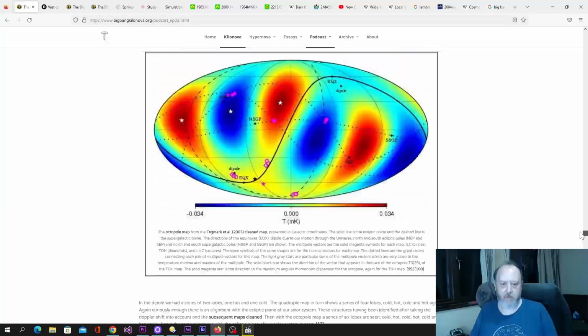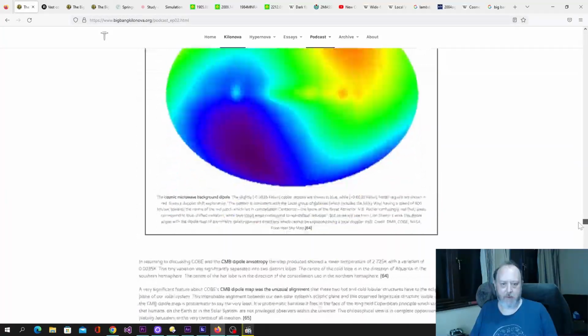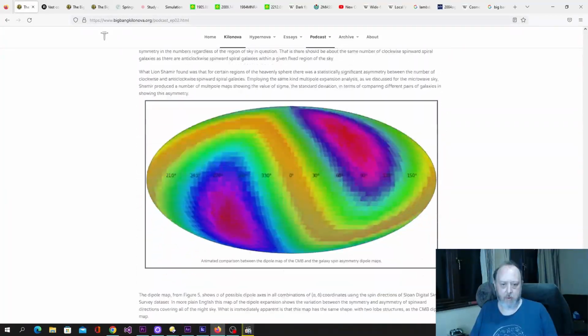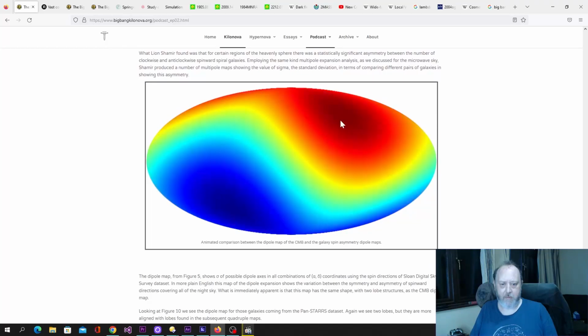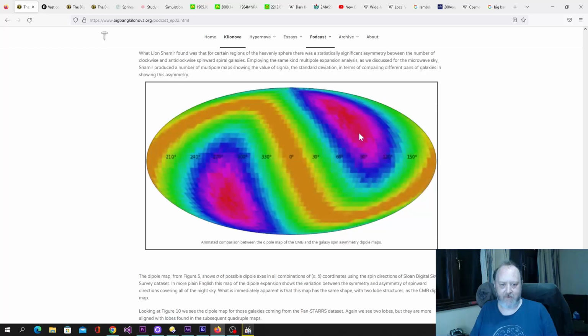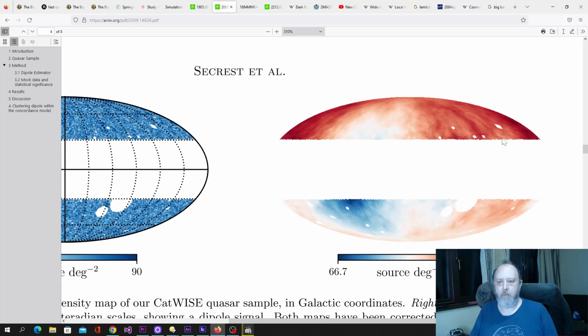go to the dipole map. Here's the dipole map. So you see these are in these regions here, but their dipole map, based on their data set of quasars, is producing dipoles over here.